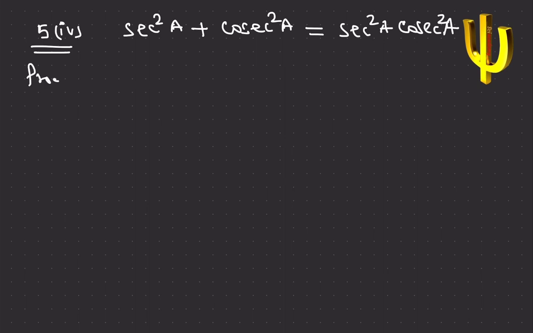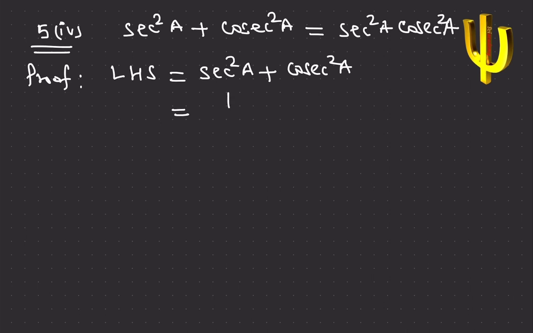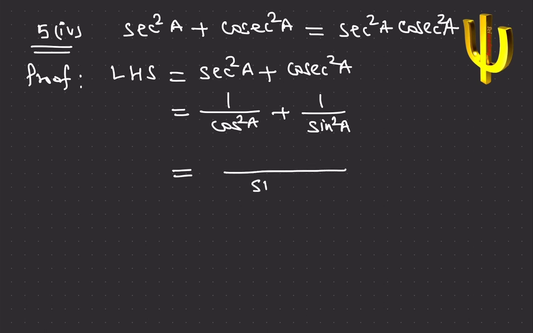Let us prove. Let LHS equal sec square A plus cosec square A, that can be written as 1 by cos square A plus 1 by sin square A. After simplification, LCM is sin square A into cos square A. So this gives sin square A plus cos square A, which is nothing but 1.